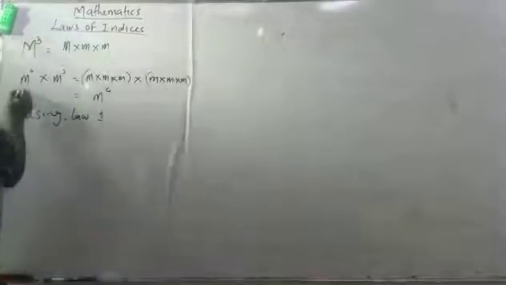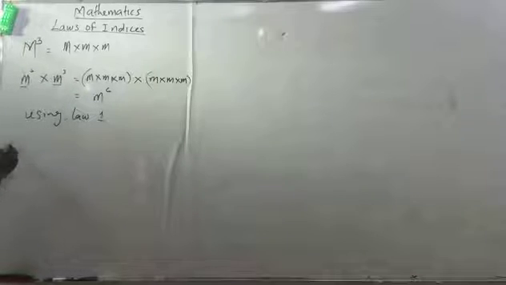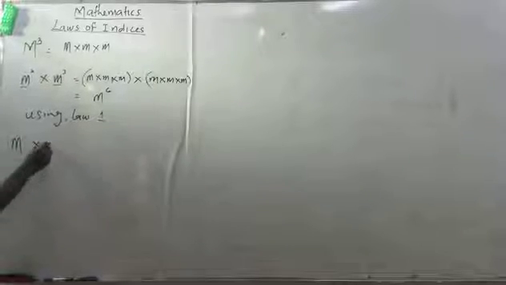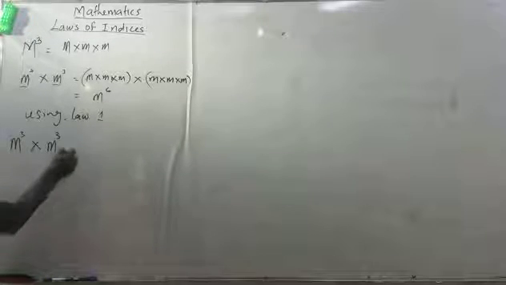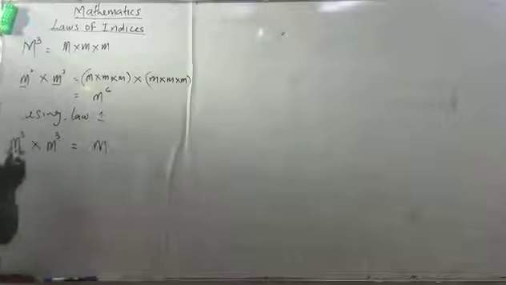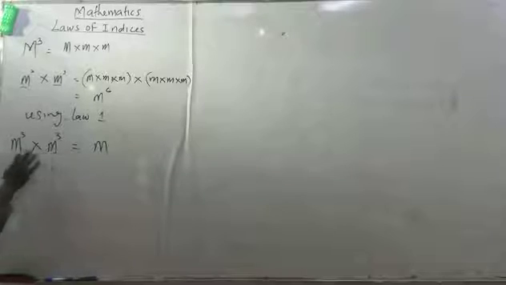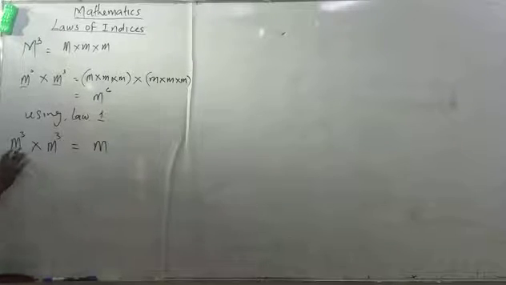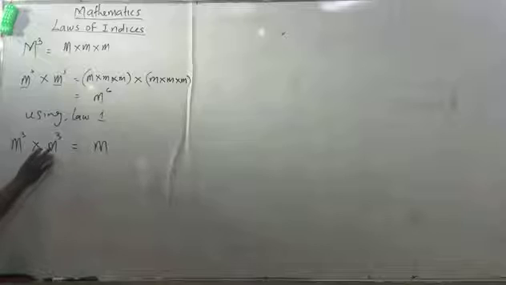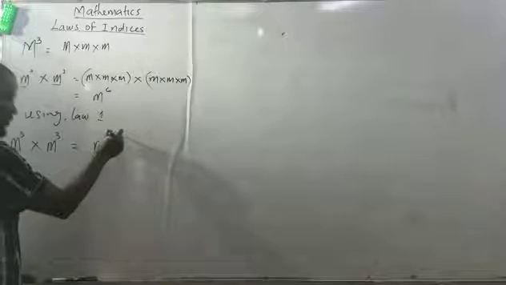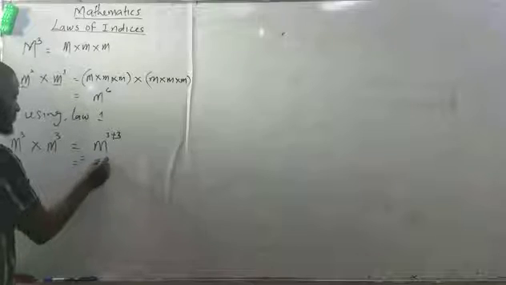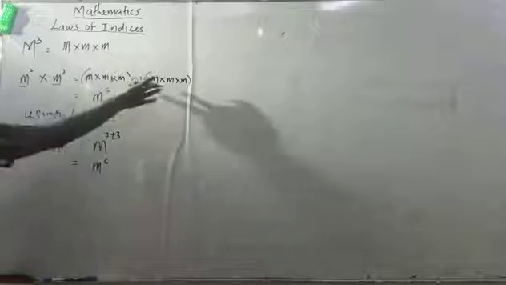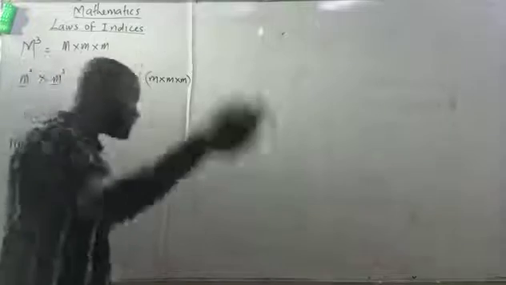For instance, this is m, they have the same number. It means m multiplied by m. This one is power 3, this one is power 3. What you just need to do is, they have the same number. Note, the number must be the same. It means 3 plus 3, which is m raised to power 6. That saves you from multiplying around.